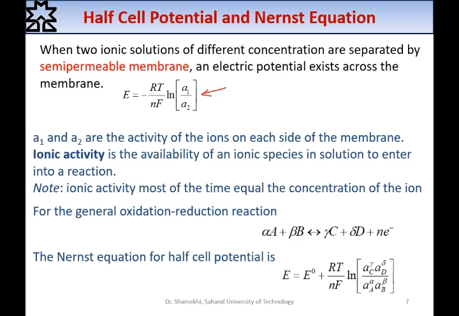A1 and A2 are the activities of the ions on each side of the membrane. Ionic activity is the availability of an ionic species in solution to enter into reaction. Note that ionic activity most of the time equals the concentration of the ion.